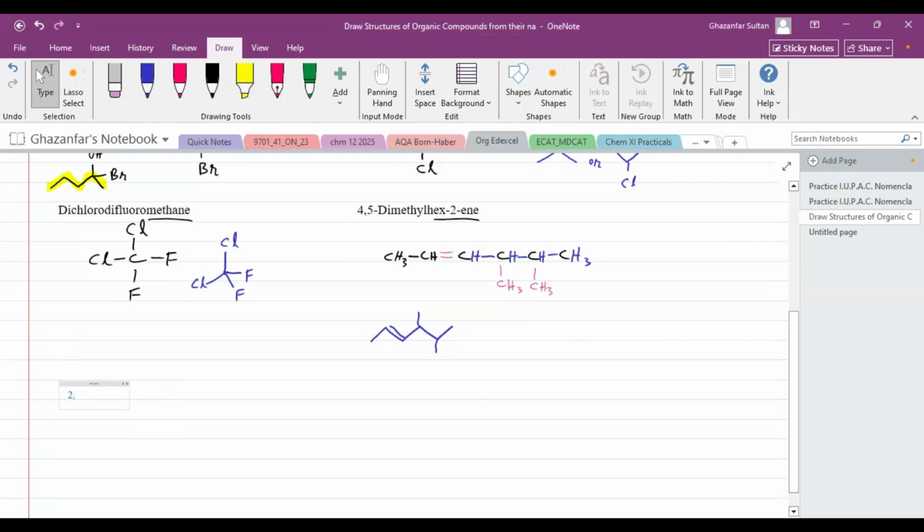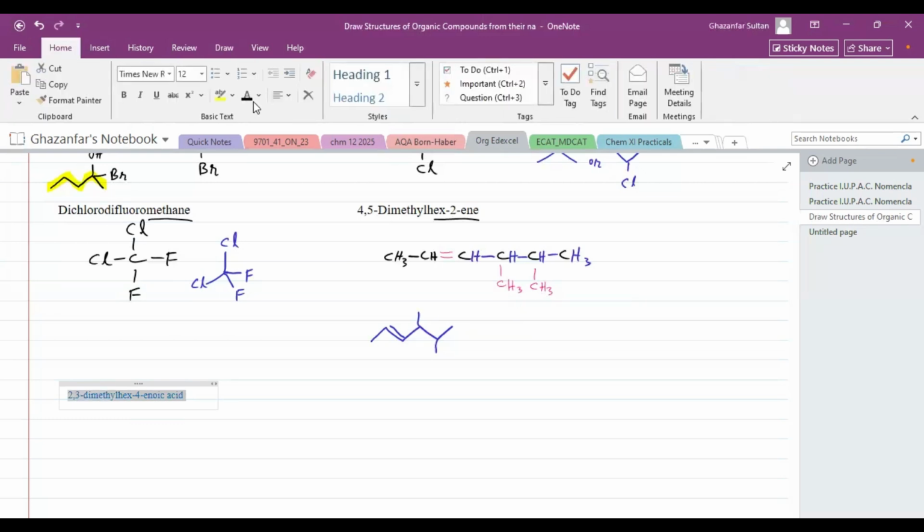For example, you can write 2,3-dimethylhex-4-enoic acid. So this is the name of the compound whose structure you are to draw.